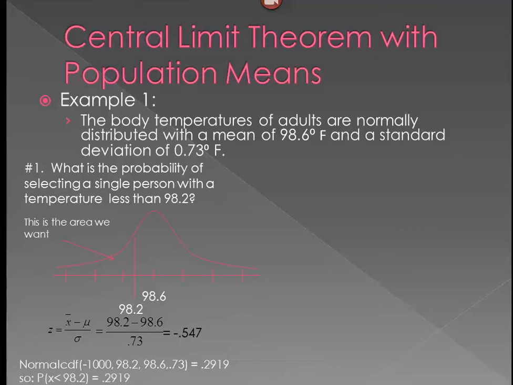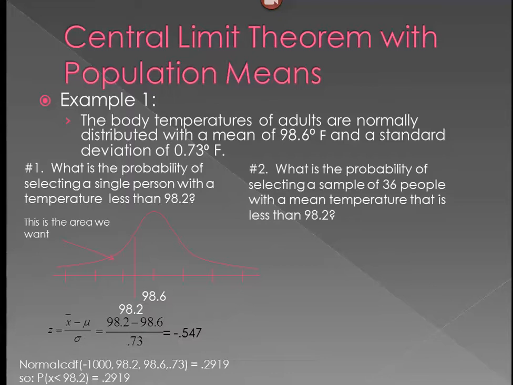Now let's contrast that with the probability of selecting a sample of 36 people and having their average temperature measure less than 98.2. We know that when we take groups of people from the population, our standard deviation decreases.